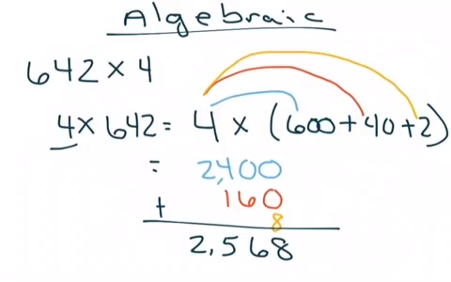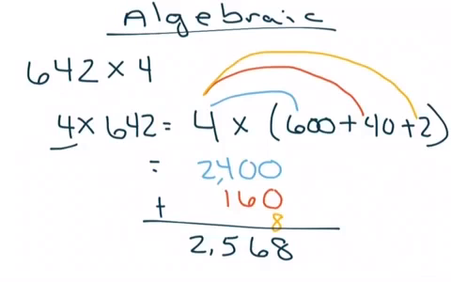So we're going to be multiplying 3 different times here. So once again, the 642 is equal to 600 plus 40 plus 2. I use the 3 colors here once again to show you that you want to multiply your single digit by each one of the numbers inside of the parentheses. So 4 times 600 is 2,400. 4 times 40 is 160, and 4 times 2 is 8.